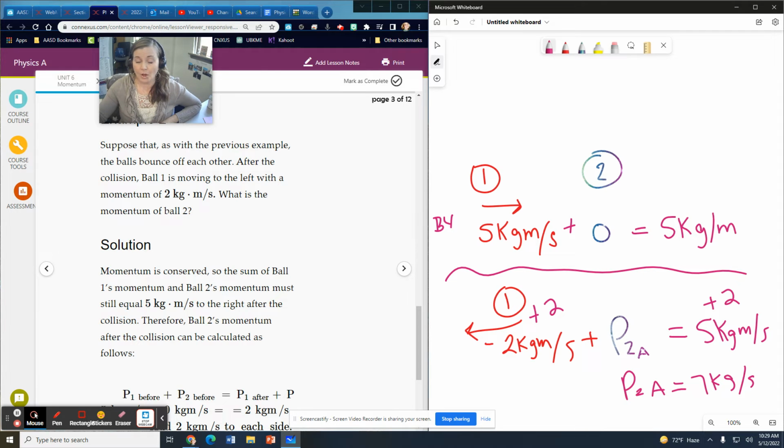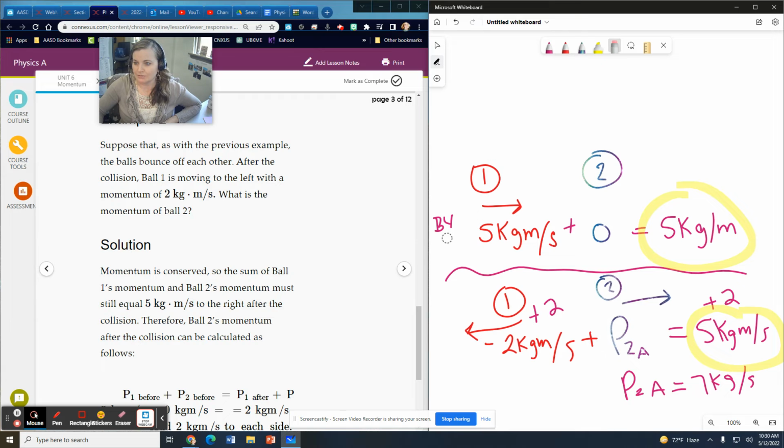So ball 1 moved to the left, and ball 2 flew off to the right with a momentum of 7 kilogram meters per second. We can figure out the momentum of ball 2 because of the law of conservation of momentum: the total momentum before should be equal to the total after. So that's how we do that problem.